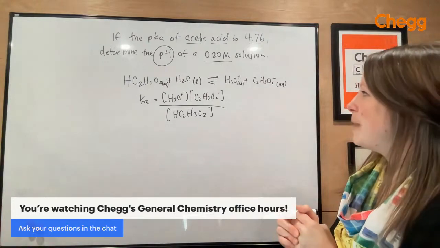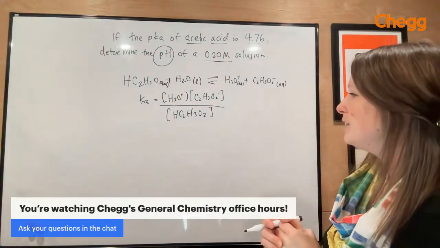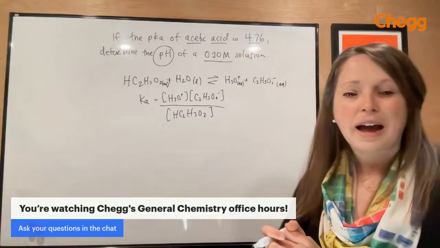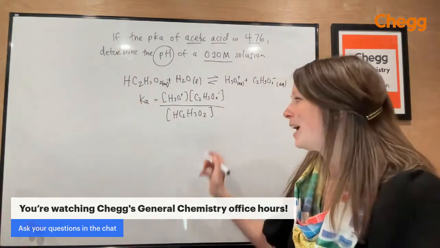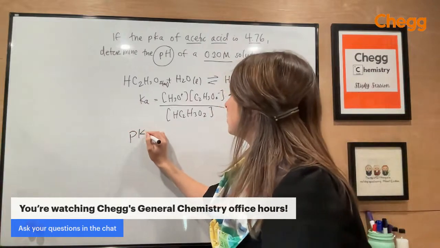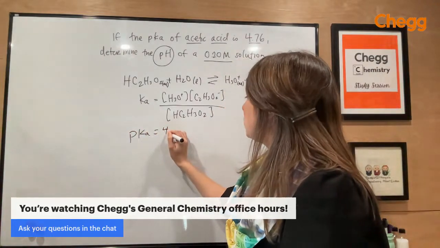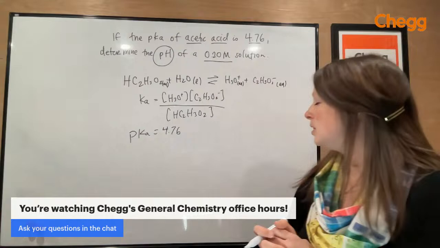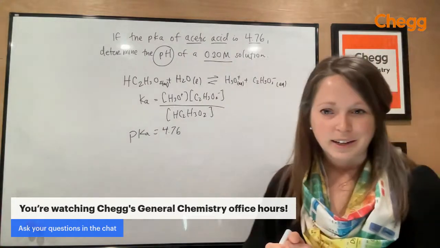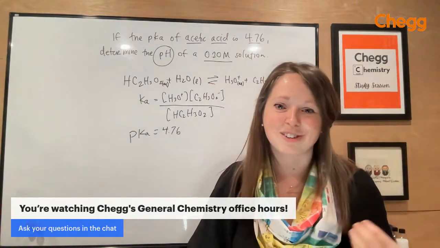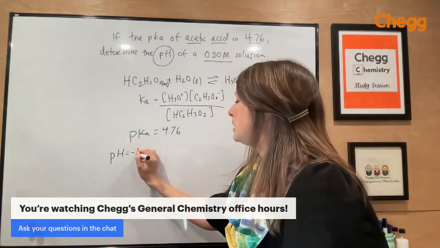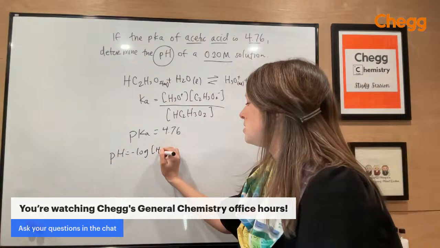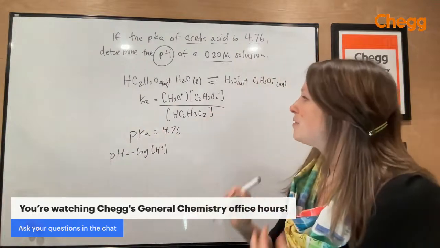All right, so I have my Ka expression, and I want to determine the pH. Where do I go from there? All right, so I know my pKa is equal to 4.76. What does that tell me, right? pKa versus Ka. If you have learned in Chem 1, pH is equal to the negative log of H plus. pKa is very similar.